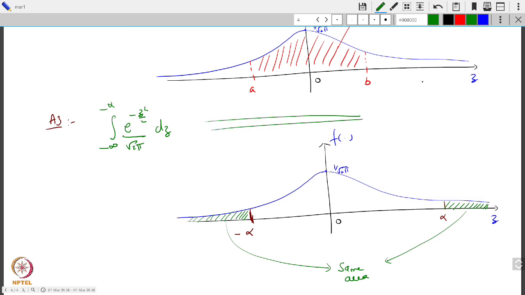Let me mark this in a different color so you can see it. The blue region on this side is the same as this region: alpha to infinity of e to the minus z squared by 2 over square root 2 pi.